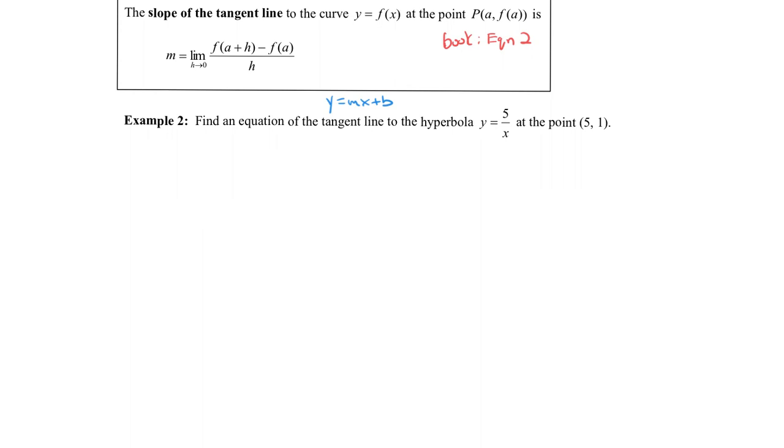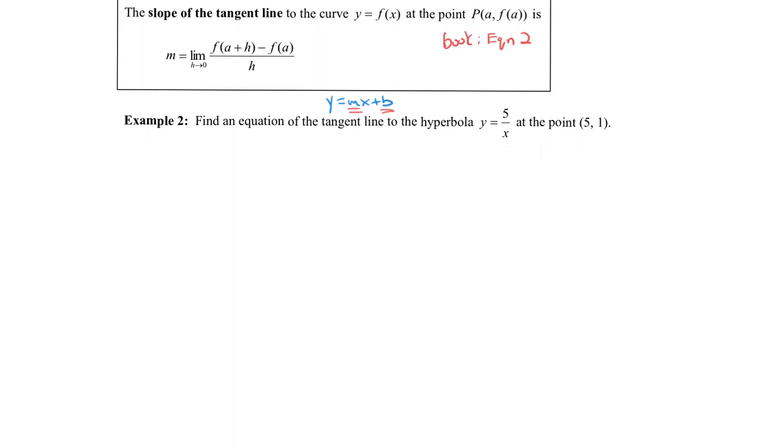So for this problem, if we're going to find an equation of a line, we need the same as before. We need to find the slope and the y-intercept, but this time we want to use this new formula for the slope, this new limit. So just remember, this is our function. So y equals 5 over x, we'll call this f of x equals 5 over x.